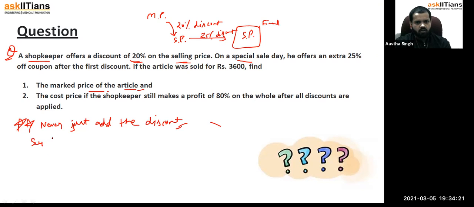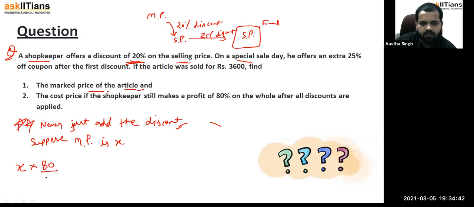I will tell you what. Suppose market price is X. Okay, so X is the market price, and you have been given first a discount of 20%. 20% discount means it will be 80 by 100. Got it or not?